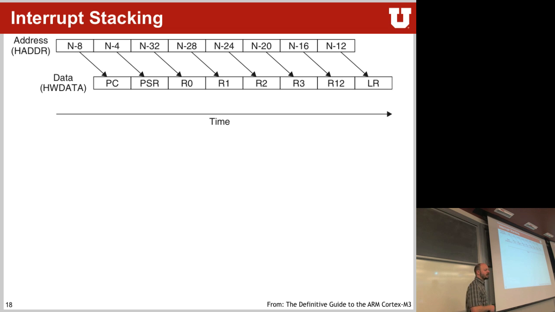So if you look at a time scale, this is how we write it into memory. We first write the program counter, the PSR, then R0, R1, R2, R3, R12, and very last the link register. They will be put into memory locations n-8, n-4, n-32, 28, 24, 20, 16, 12.